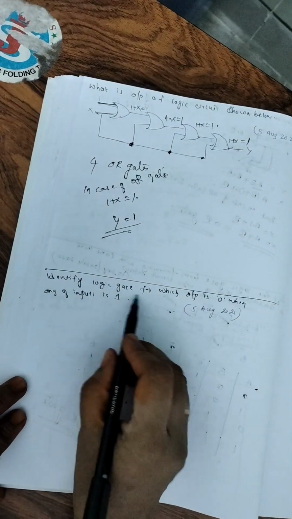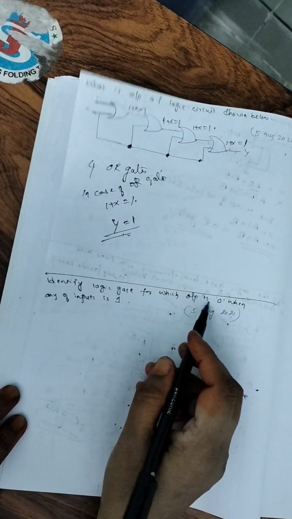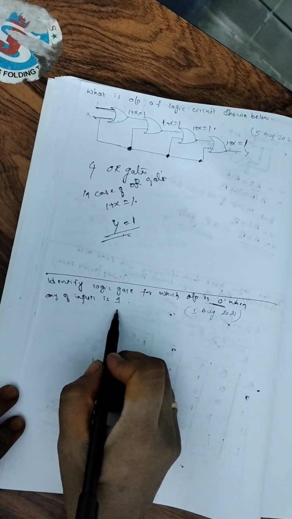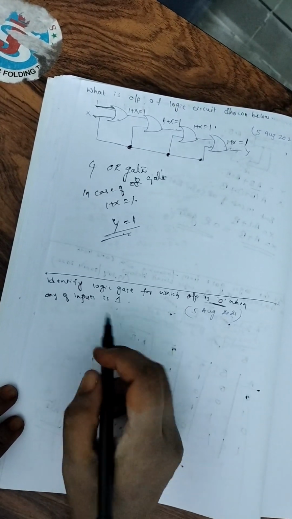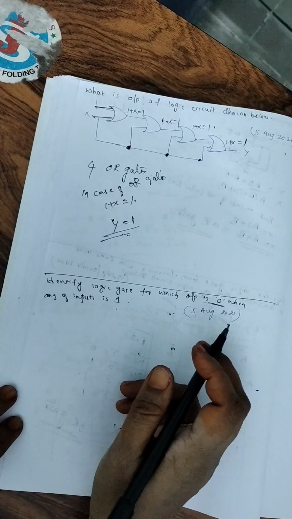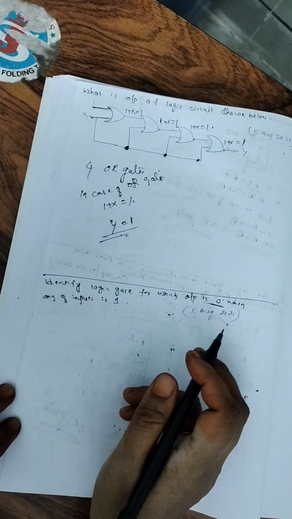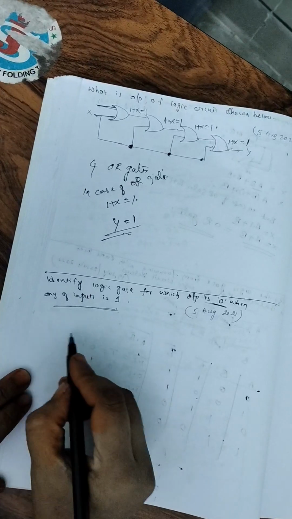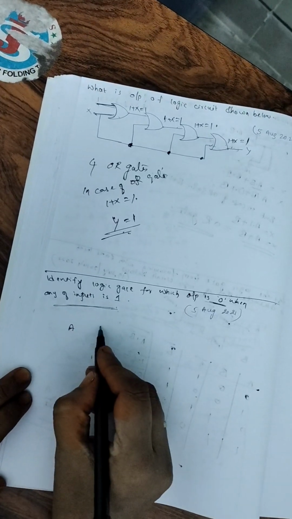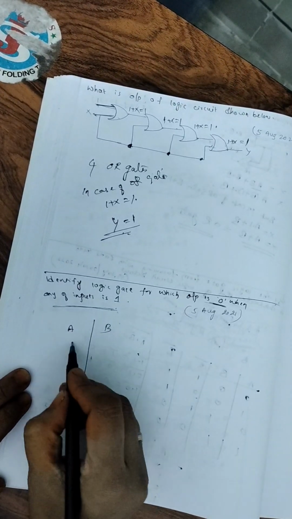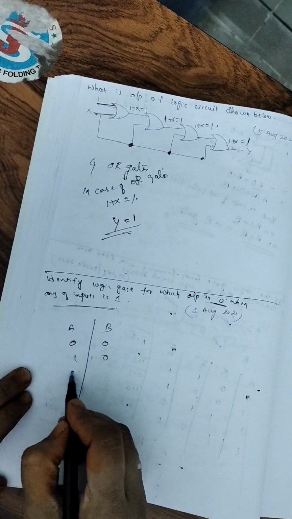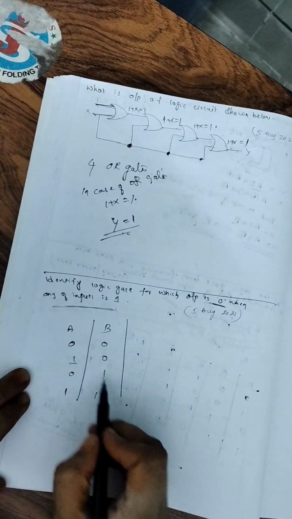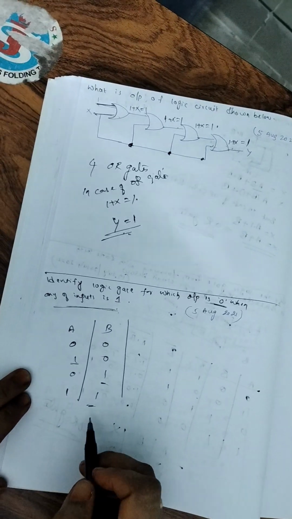So identify the logic gate for which output is 0 when input is 1. Output is 0 when input is 1. When any of inputs is 1. First let us write now. A, B. Any of input must be 1.